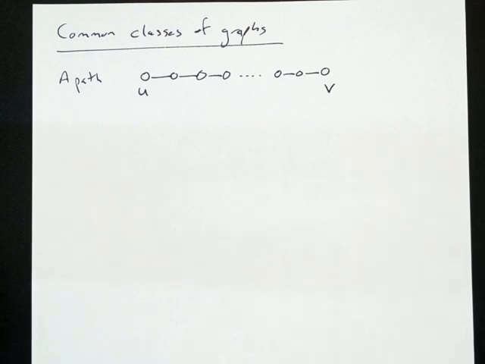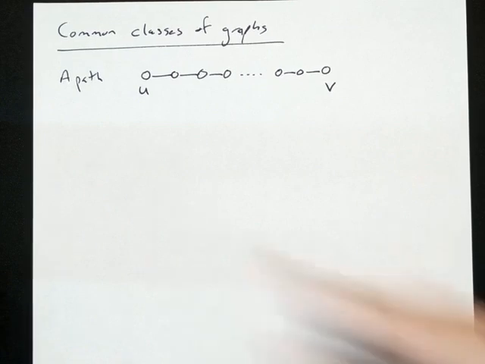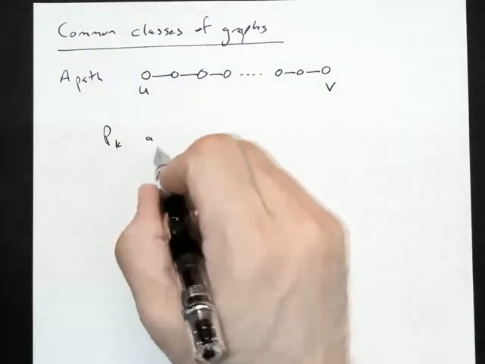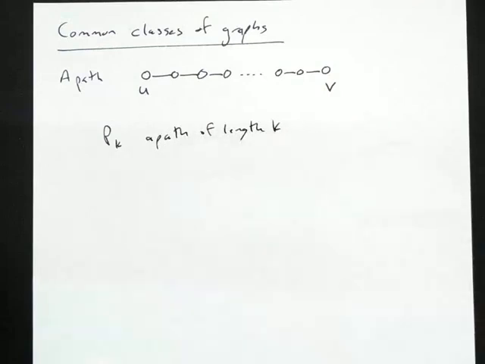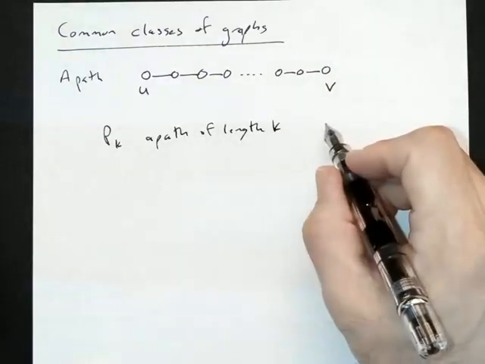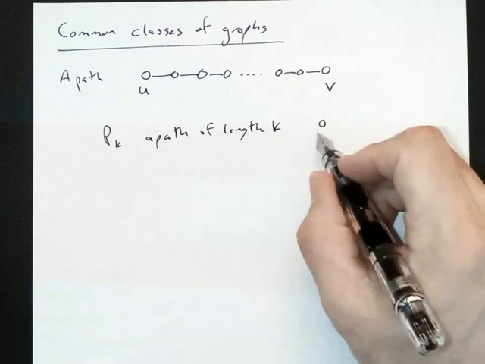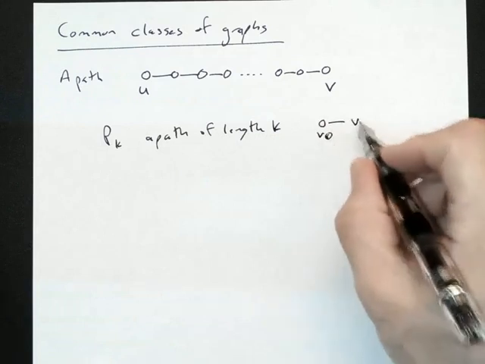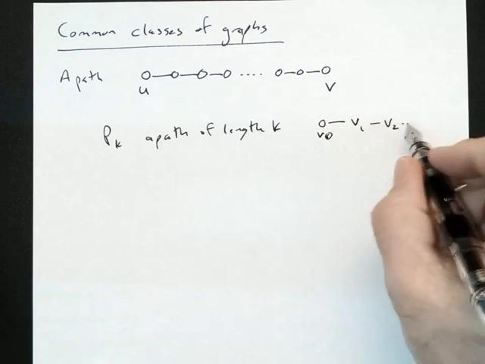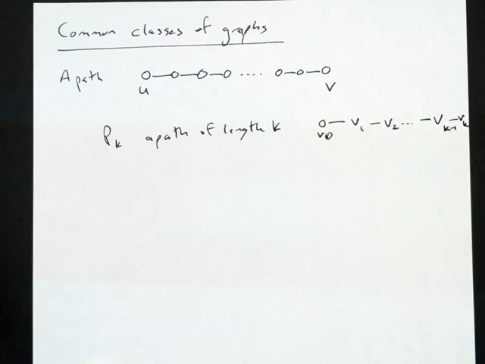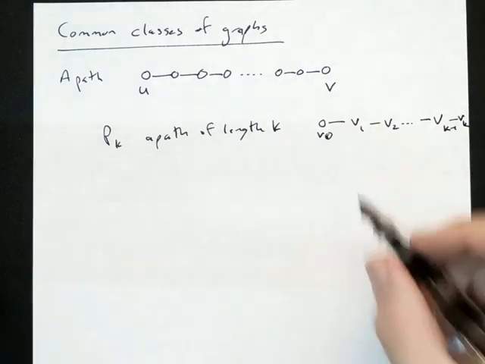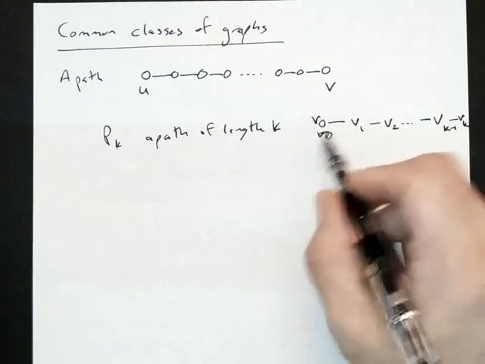So we're going to define a path, Pk, a path of length k. I just realized that I wrote the vertices instead of writing it, so we'll just do that.